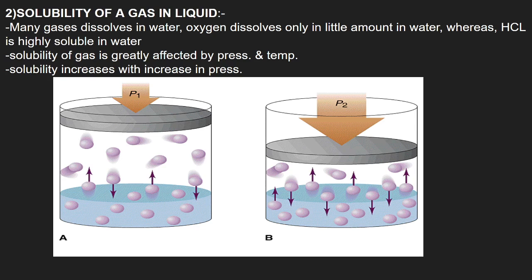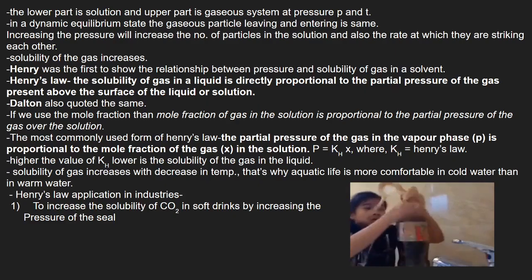Because as you open the top of the coke, you can see that it comes out very rapidly from the bottle. You can see the effervescence. So yes, that is one basic example.